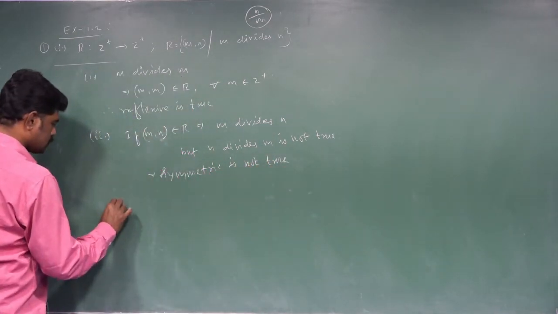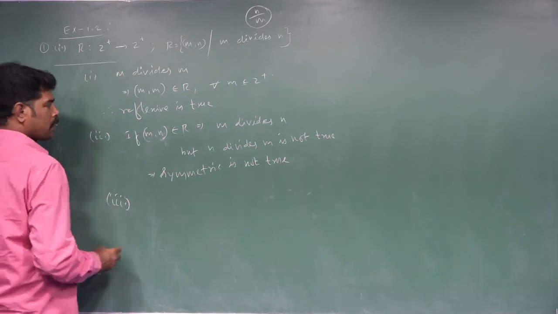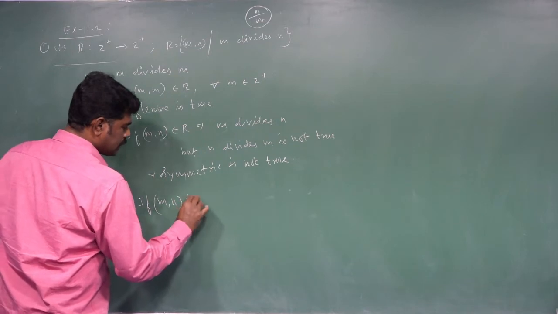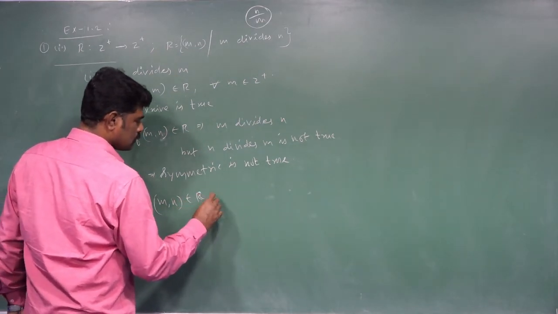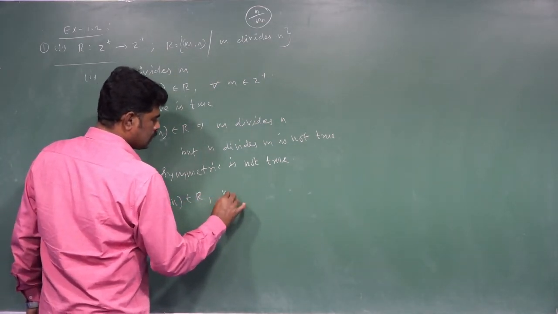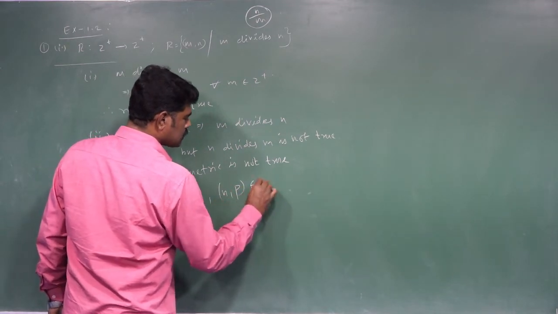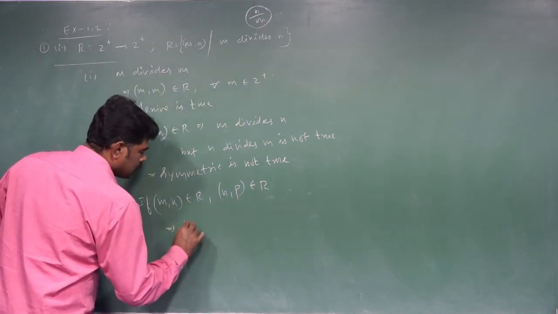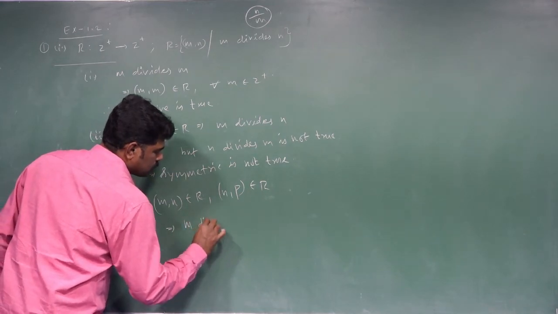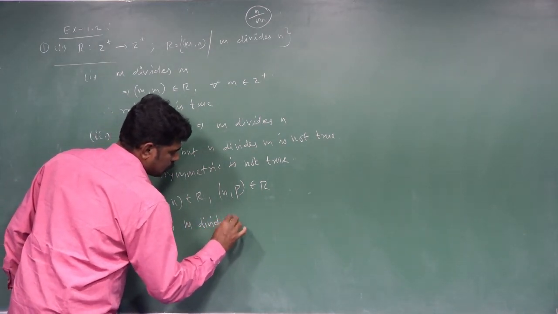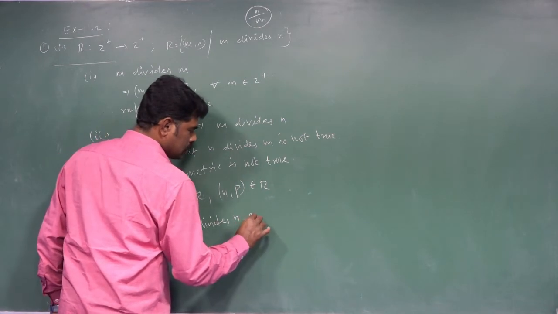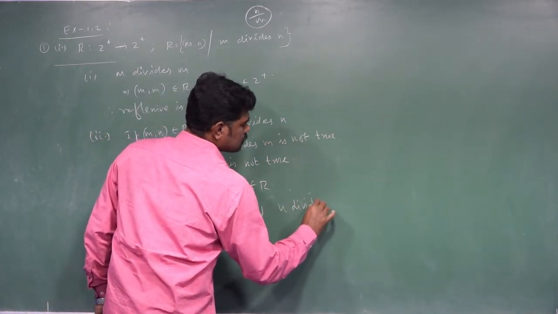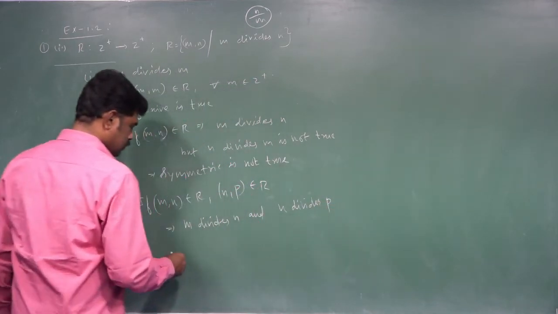Then see the third one. If m comma n belongs to R and n comma p belongs to R, this implies m divides n and n divides p.